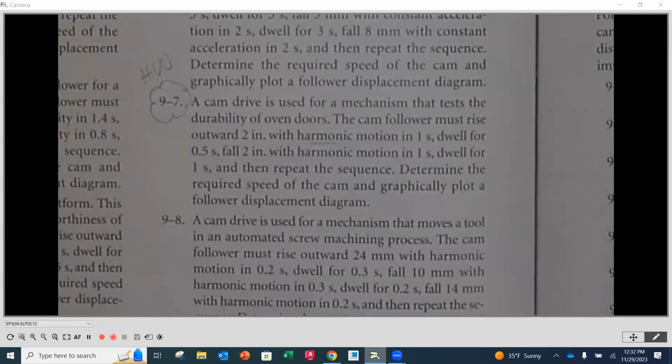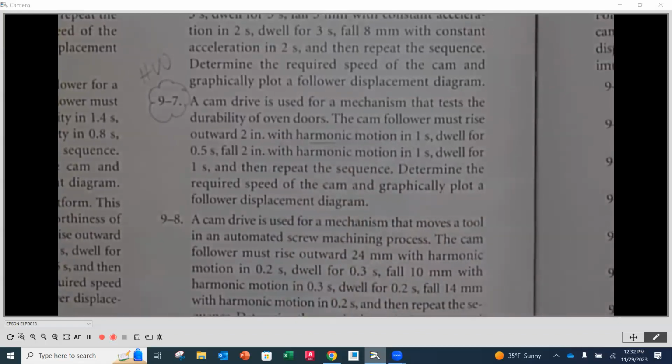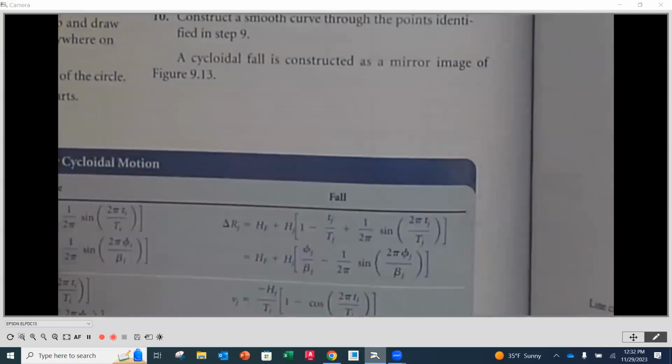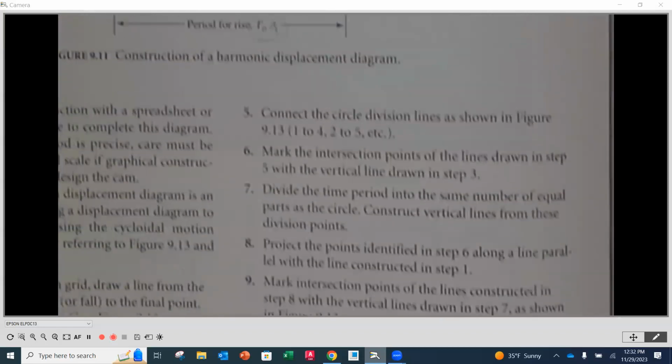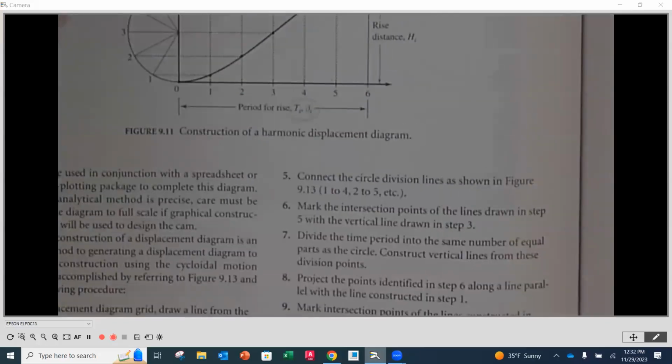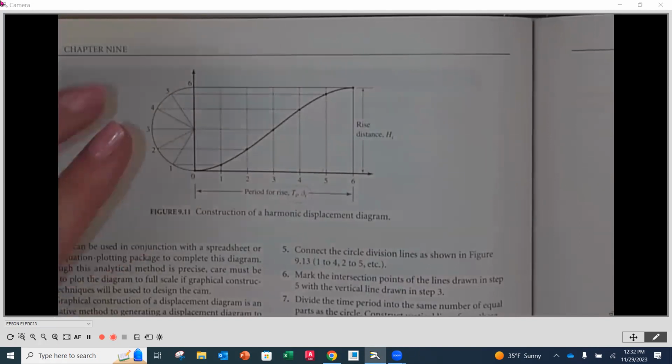What you have to be aware of is the harmonic motion here means that you have to construct that curve. To construct the curve, you want to go back towards the beginning of the chapter. On page 232, this is an example of how you would construct the harmonic motion, either the rise or a mirror image on the fall.